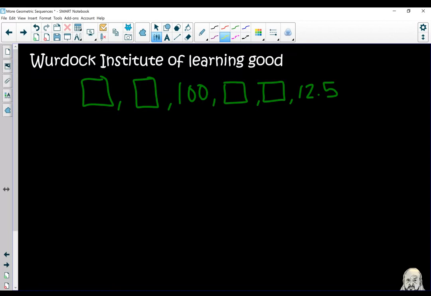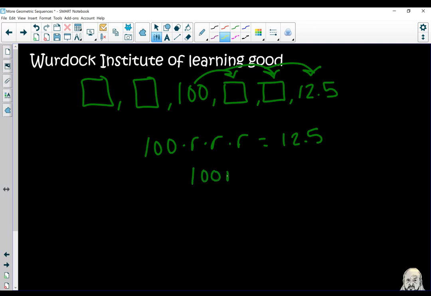And again, to get from the third term over to the sixth term, we multiplied by r 3 times. We started with 100, and we multiplied by r and r and r, and got to 12.5. I'll rewrite this equation as 100 r cubed equals 12.5. And now I'll just solve for it algebraically.